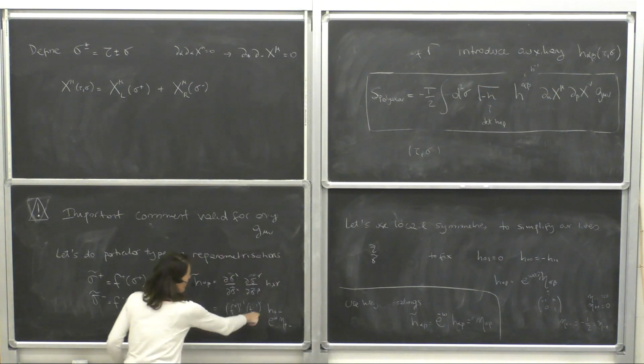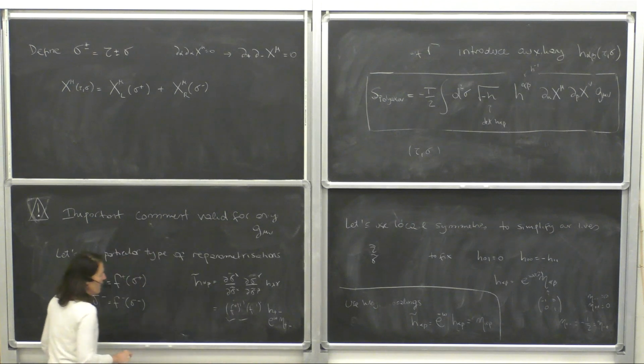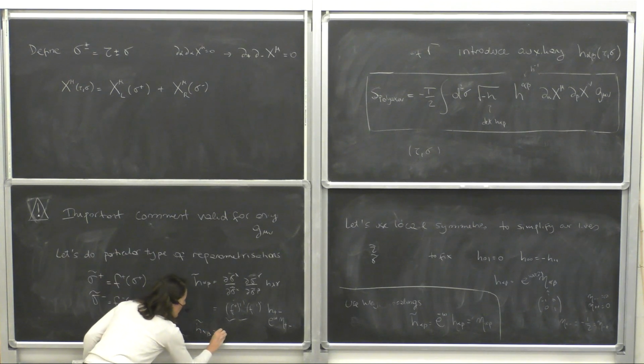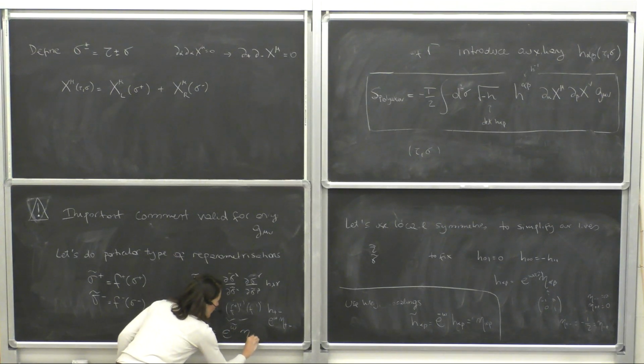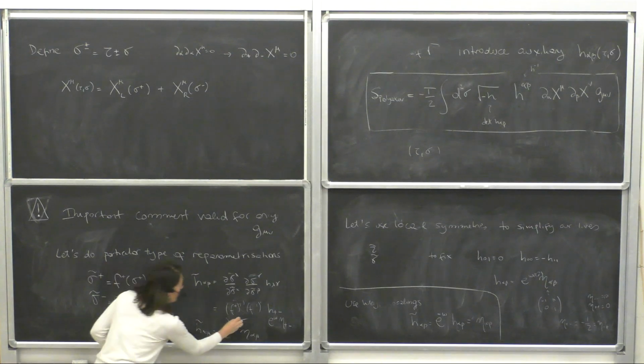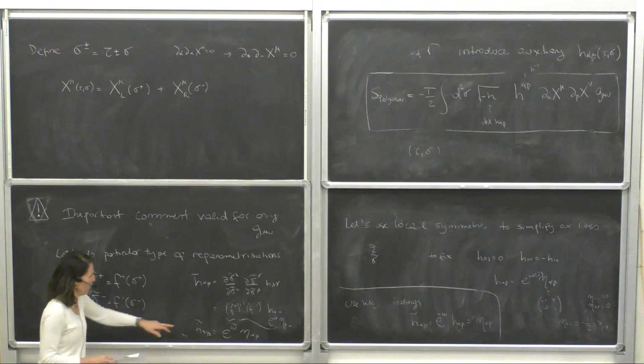And this is also an overall function. So h tilde alpha beta is e to the omega tilde eta alpha beta, right? So I call all this e to the omega tilde.